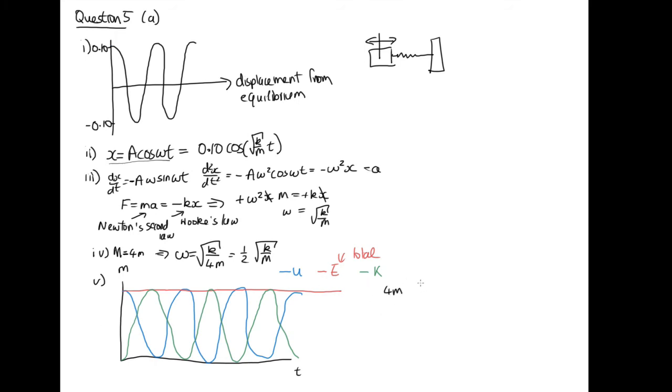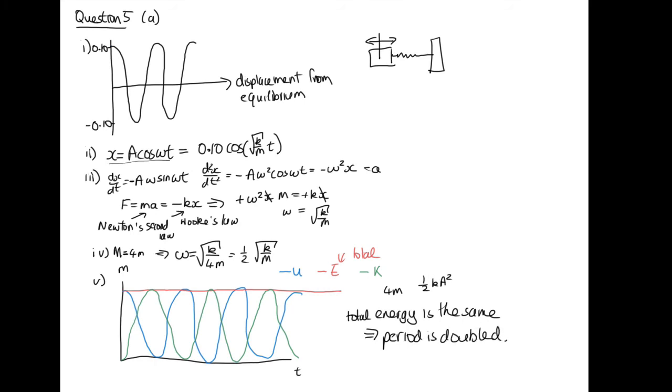For 4m, with a half k a squared, it's got the same amplitude, so it's got the same total energy. So we can say total energy is the same. But what's going to be different is that the angular frequency here is half the original angular frequency, so the period is doubled.